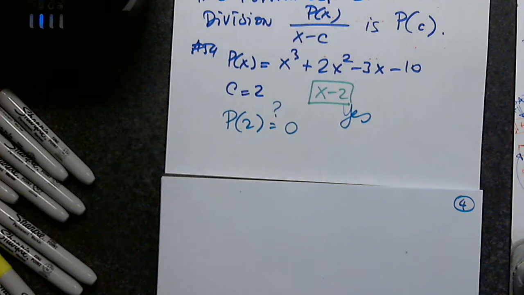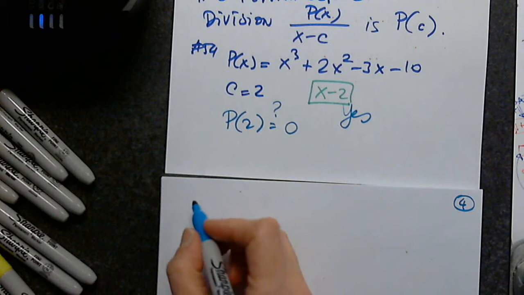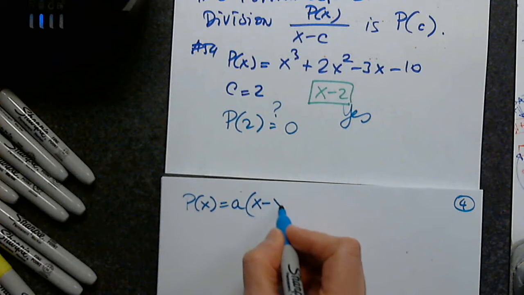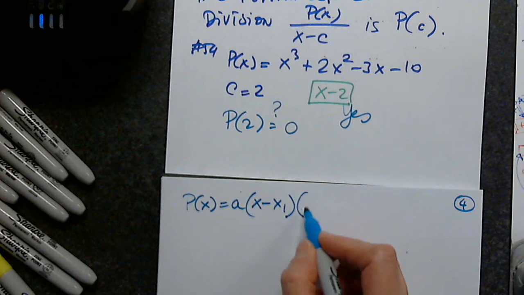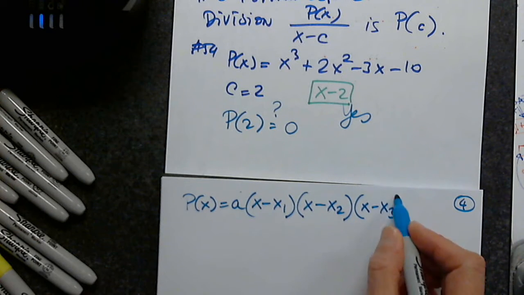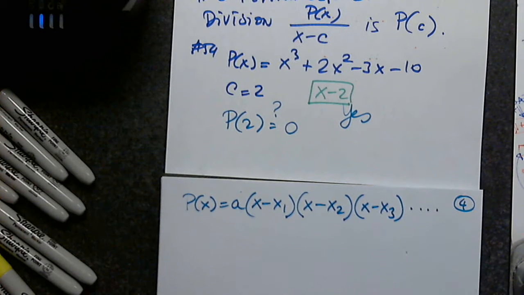If you don't want to use complex numbers, then you will say linear factors and quadratic factors. So any polynomial can be written like this: A, x minus the first solution, times x minus the second solution, times x minus the third solution, and I can go on forever, depending on the degree of the polynomial.